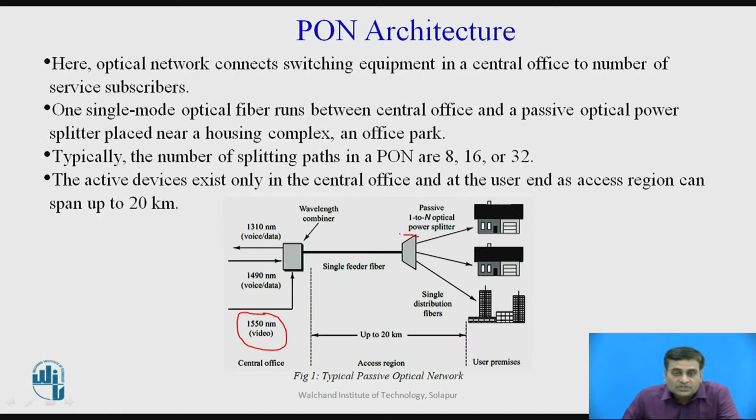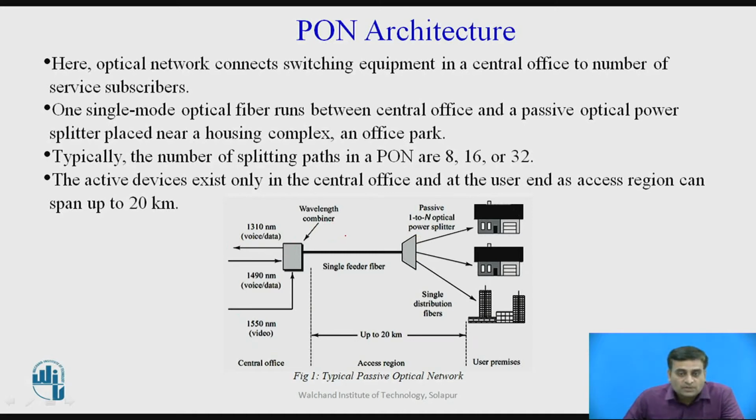For upstream transmission, meaning from the customer to the central office, the voice and data are digitized and sent over the 1310 nanometer wavelength. One point to note here is that no video transmission is allowed in the upstream direction, from customer to the central office.